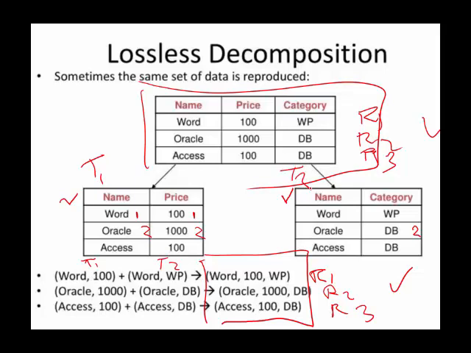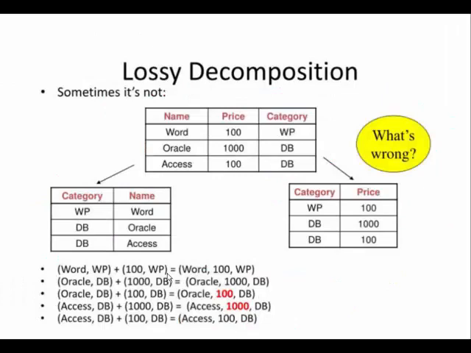After this, I will show you a table with the same structure and the same attributes, but just different data. In this slide, we will talk about lossy decomposition. This time we have one table with 3 attributes, which are name, price, and category.